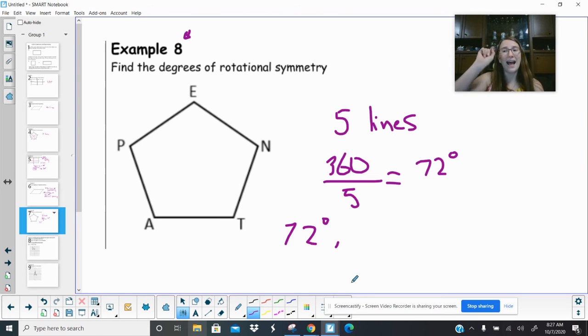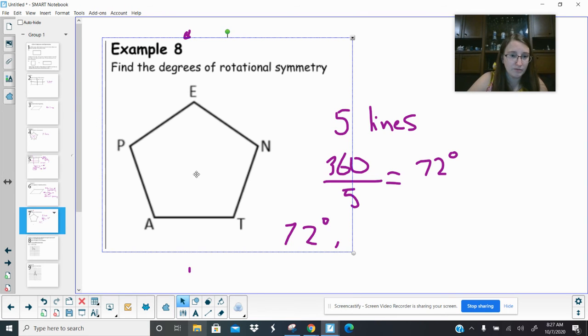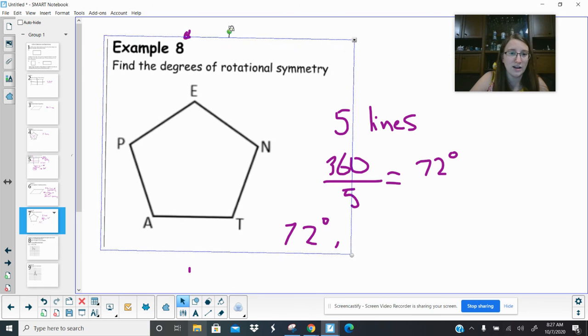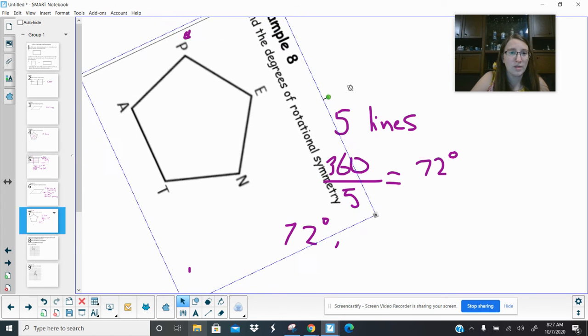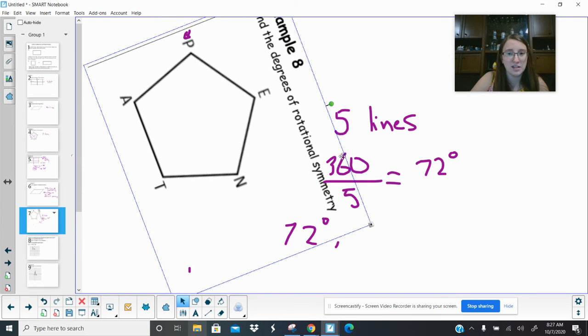We're going to keep adding 72 degrees until we get to 360, and then we are not going to list 360 because here's why. If I take my shape here, I'm going to have to rotate the directions, but that's okay. I want to rotate it until a point ends up at the very top again. So here I go. P is now at the top.